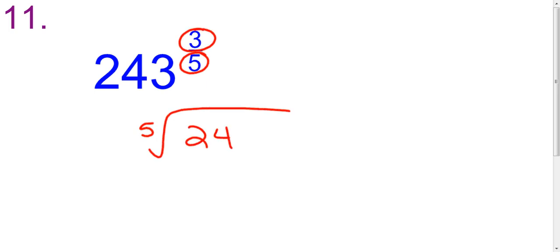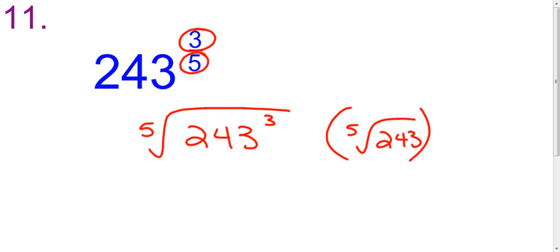Here, this is 243 to the 3/5, which, if you rewrite it the other way, would be the 5th root, because this is the denominator, and so it becomes the index, and this is the numerator, so it becomes the exponent. And again, you can think about writing it like this too if you want, and follow the order of operations instead, and find the 5th root of 243, and then take that answer to the 3rd power.